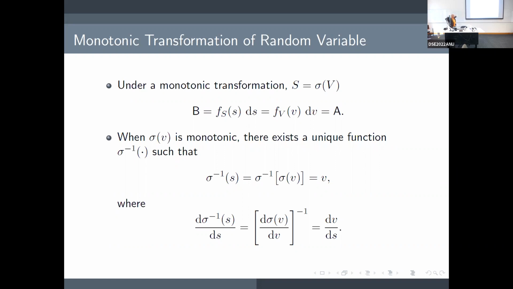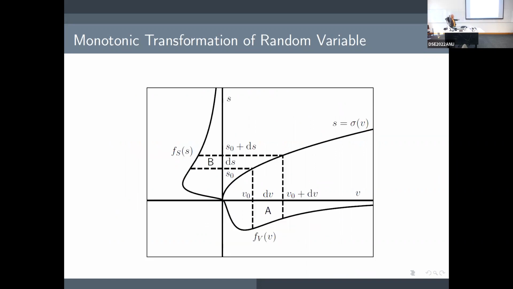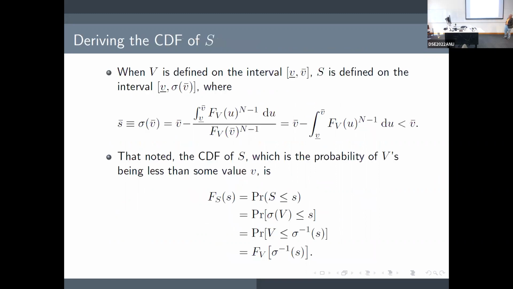And therefore, we know that the distribution of S is related to the distribution of V through two things. First, that dV/dS component, the Jacobian, and then this inverse mapping. So we can put in the inverse map, and the derivative of the inverse mapping is there. So here's the picture. You're in this interval between V0 and V0 plus delta V, and there's the corresponding B.